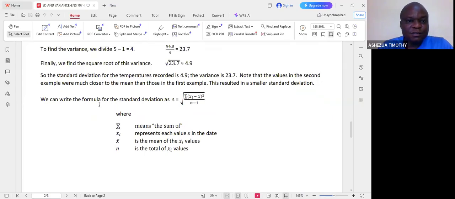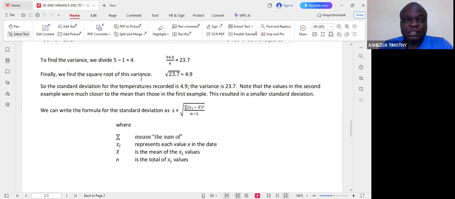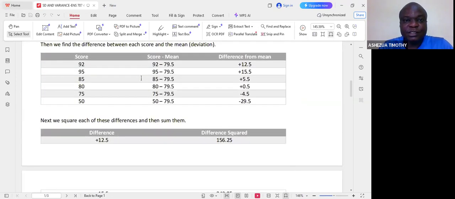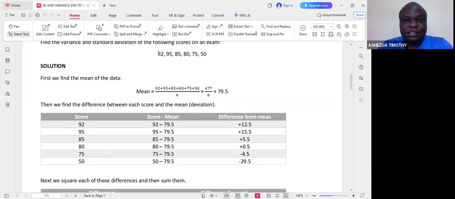This is the formula for the standard deviation. S is equal to the square root of the sum of x minus x bar squared, all over n minus 1. This is xi because this is x1, this is x2, this is x3.